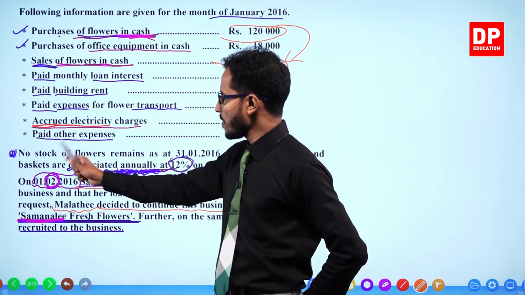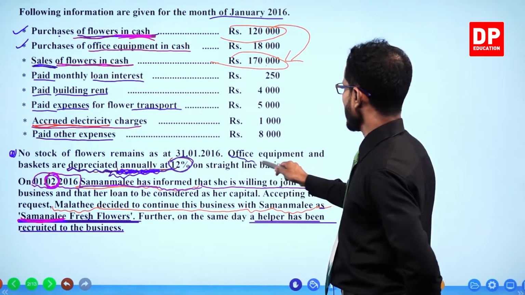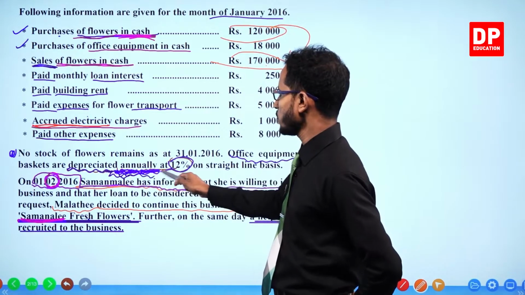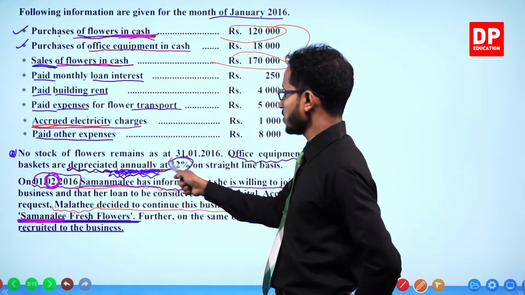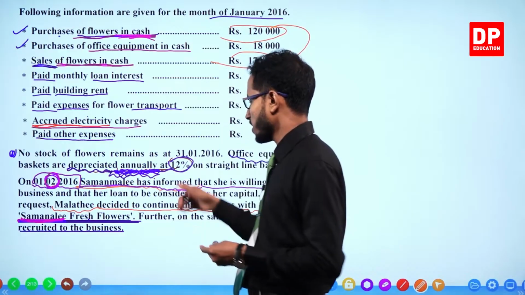They say baskets and office equipment are depreciated annually. Annually means yearly, per year, 12%. That's why I underlined it.